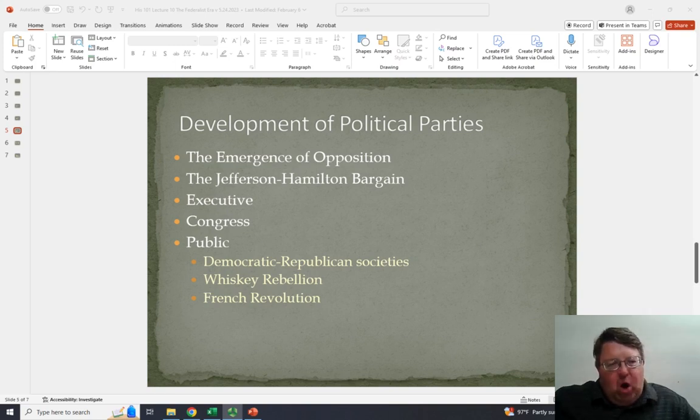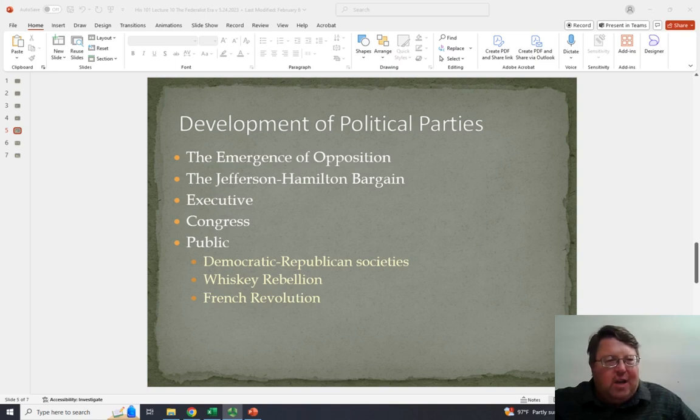The bargain is if Jefferson will support passage of some of Hamilton's ideas, Hamilton will support moving the U.S. Capitol from New York to a southern location, a new capital city, known as the District of Columbia, Washington, D.C. So that's the Jefferson-Hamilton bargain.